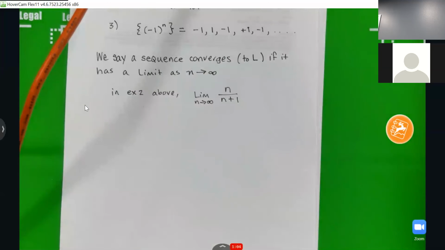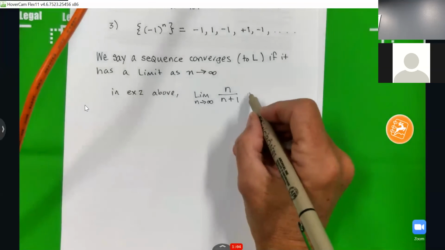Calculus 1? All right, as n goes to infinity, the numerator goes to infinity, the denominator goes to infinity. That was our L'Hopital's rule. So we take the derivative of the top divided by the derivative of the bottom. The derivative of the top and the derivative of the bottom are both 1. So this just gives us 1.